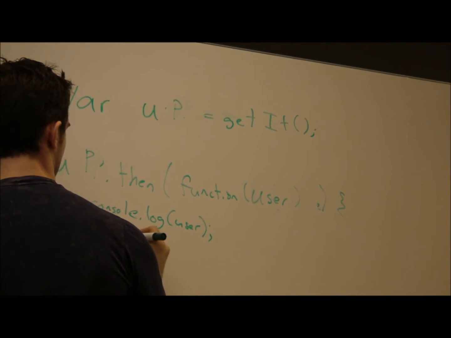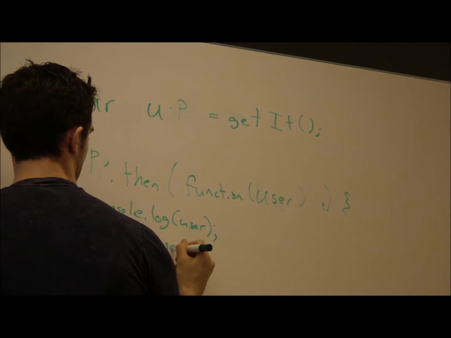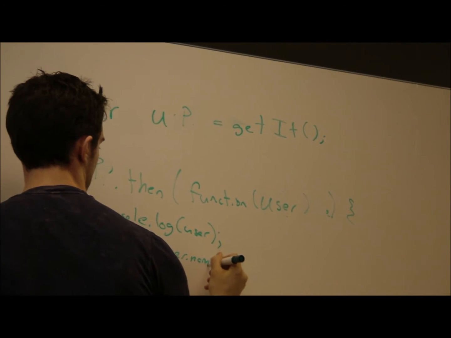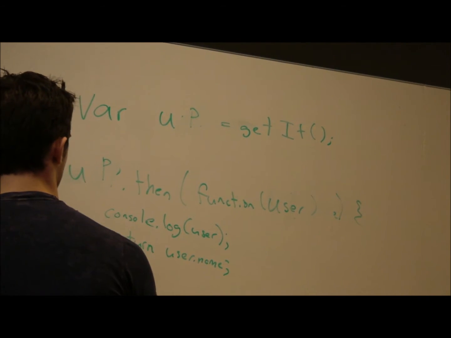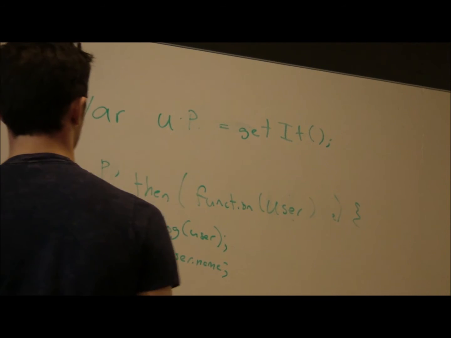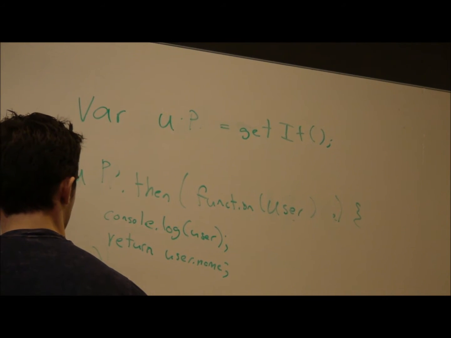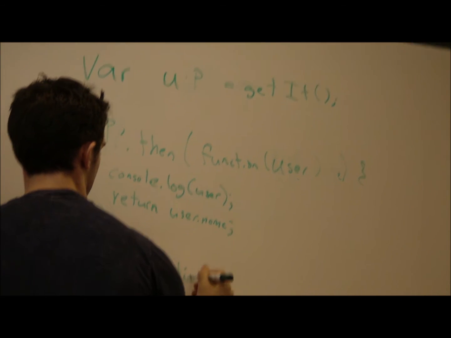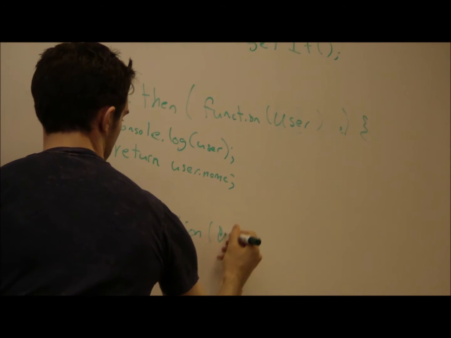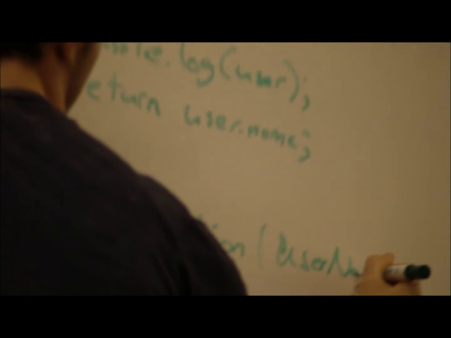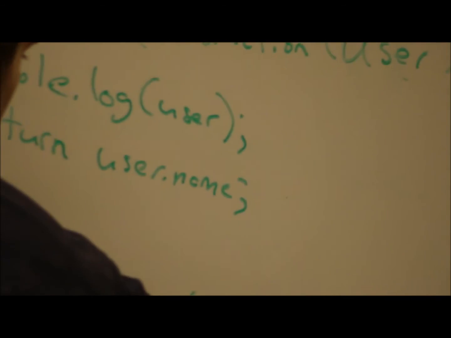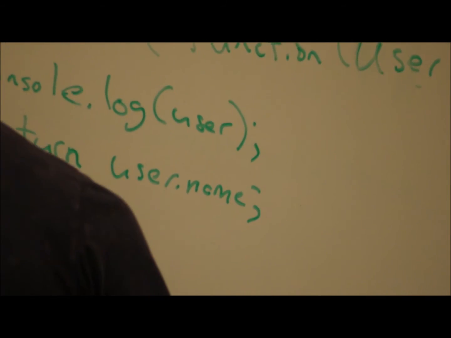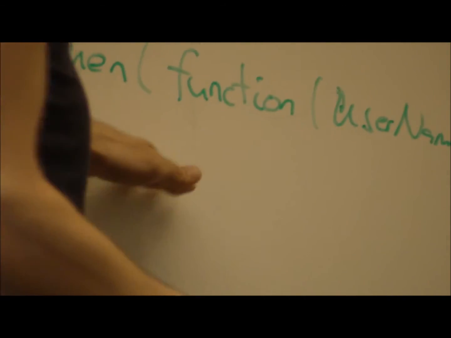We're going to return user.name. So what we mean by chaining is that we have this new promise. Let's call then on it, then function(username), and we can react to the result of that. Cool. Does that make sense?